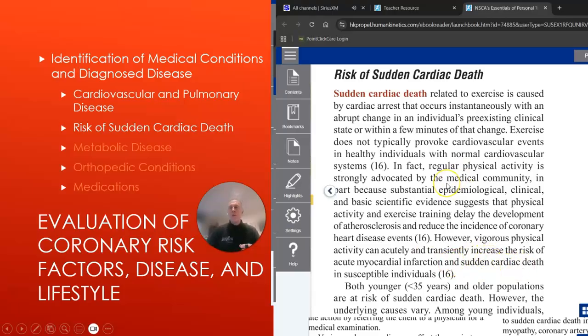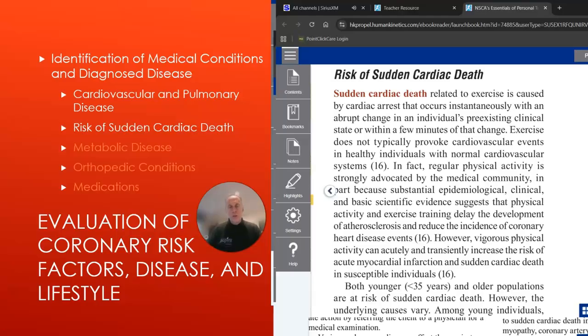So understand that when you're working with somebody, if they're physically fit, you have a reduction in the possibility of cardiac death, but also realize that when you have regular physical activity, it's strongly advocated, got it, but vigorous physical activity can increase the risk of an MI, myocardial infarction, and sudden cardiac death in susceptible individuals.